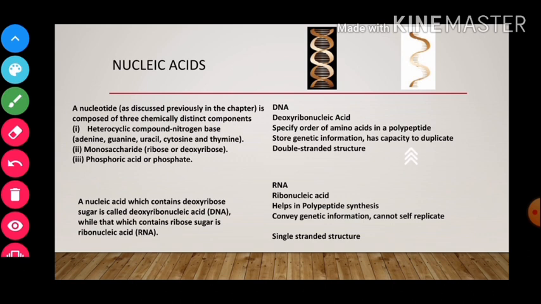Children, talking about the structure of RNA, the picture is on the top of your screen, right? Now children, talking about the structure of nucleic acids, DNA is the double-stranded structure as shown on your screen, and RNA is the single-stranded structure as also shown on your screen. So this is about the nucleic acid.